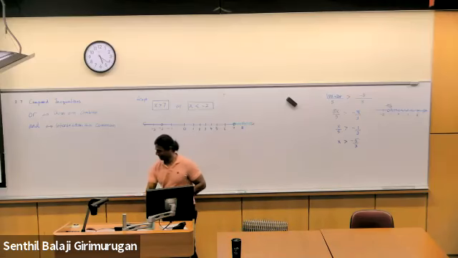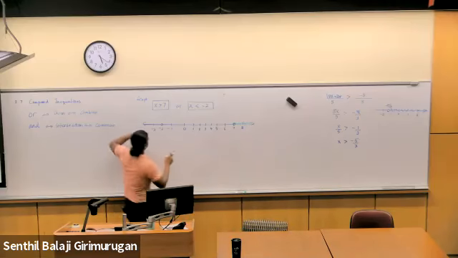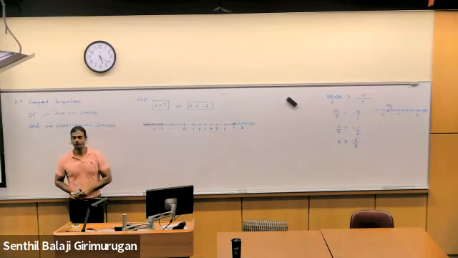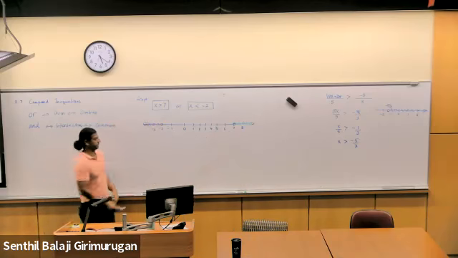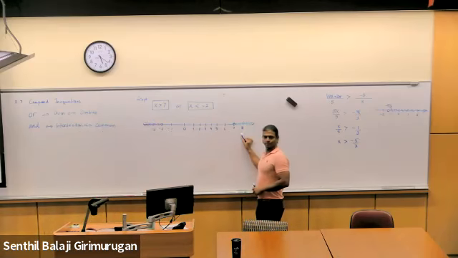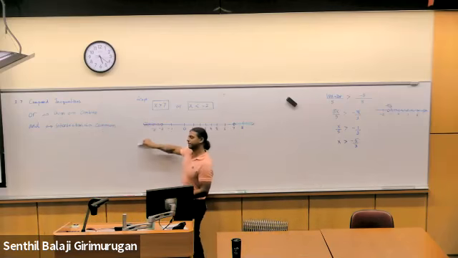On this side, less than -2. Good. So when we say all this, all that, all of these values combined with all of these values will satisfy that statement.